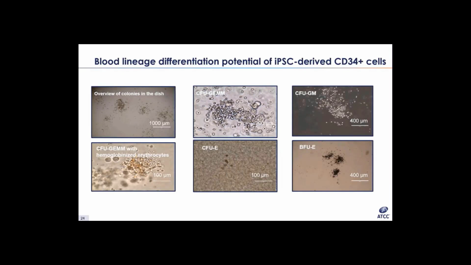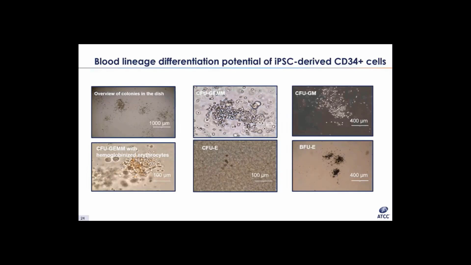Here, the CD34 positive cells were differentiated to erythroid, myeloid, and megakaryocyte lineages using a commercial kit for 16 days. Basically, this kit contains erythropoietin, insulin, and the other factors needed to send the cells down the appropriate lineage.